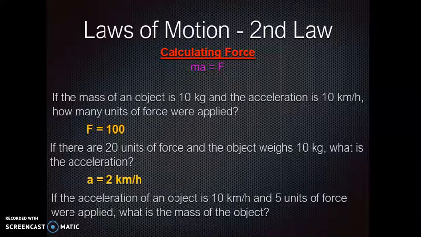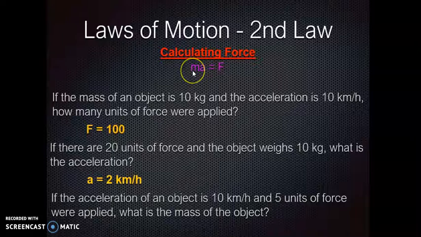Next question. If the acceleration of an object is 10 kilometers per hour, so we have our acceleration now, and there's 5 units of force. Okay, so we have our acceleration and our force. We're not going to multiply them. What are we going to do instead, because they're on opposite sides of the equal sign? That's right, we're going to divide.